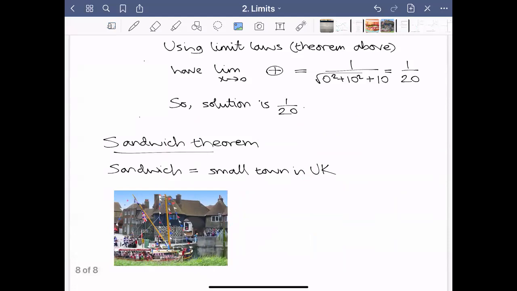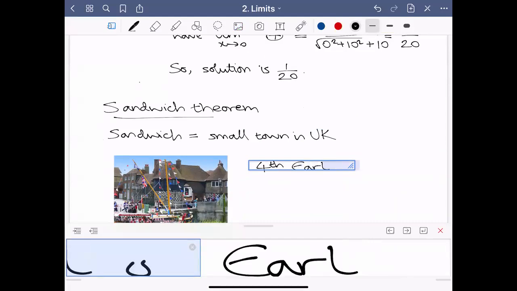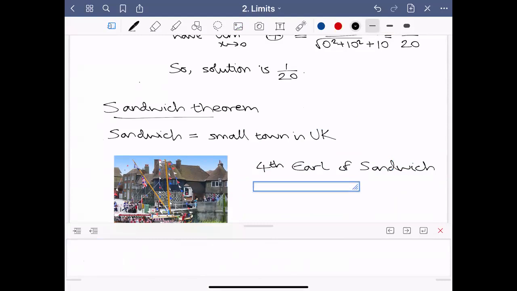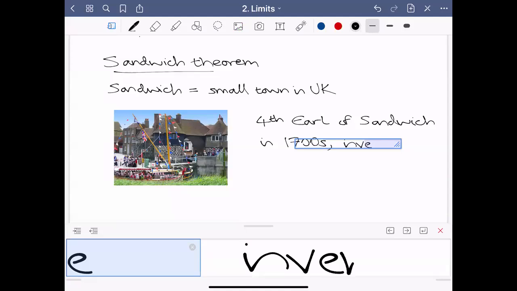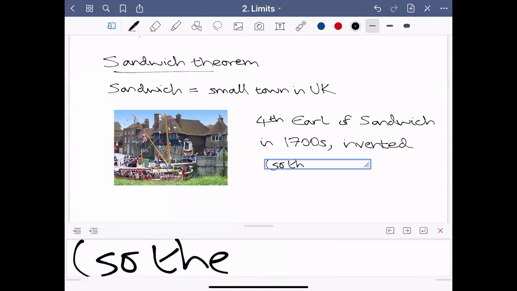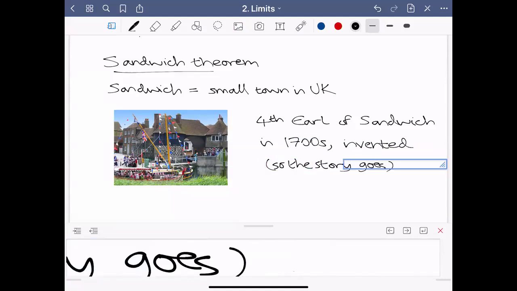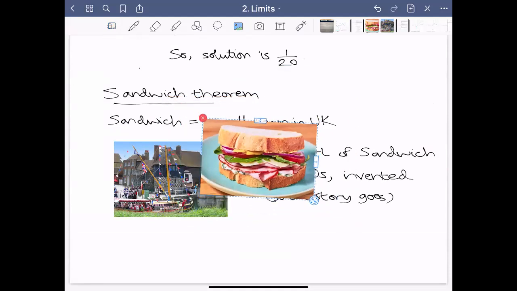And so the fourth Earl of Sandwich in the 1700s invented, so the story goes, the sandwich like that.